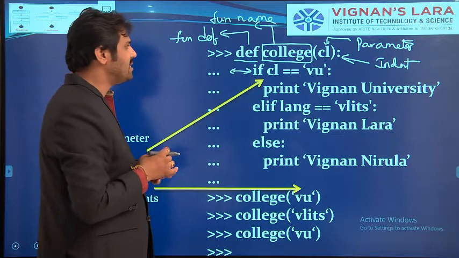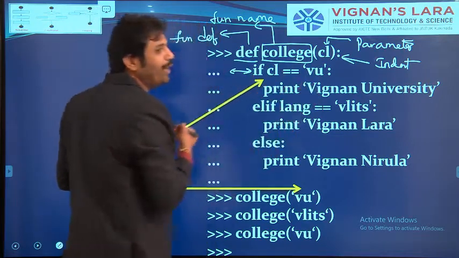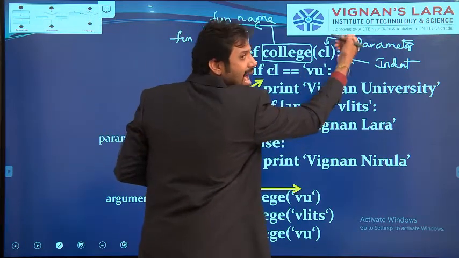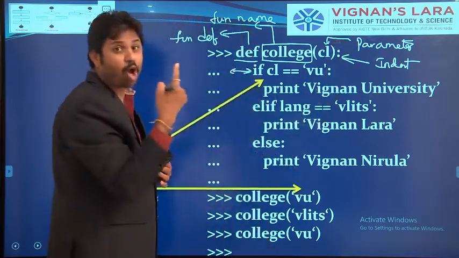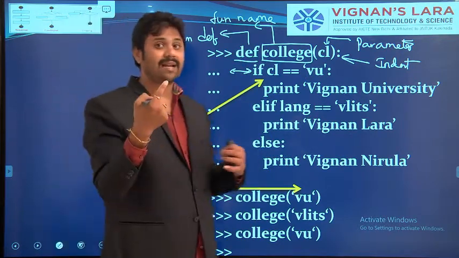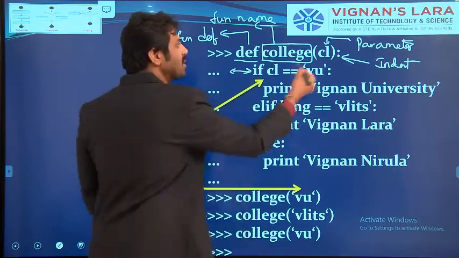In that, I simply wrote if CL equals to VU. That means if you pass the argument as VU. I said arguments are declared, you will define arguments at the function utilization only. We call those the arguments. So this is a parameter.